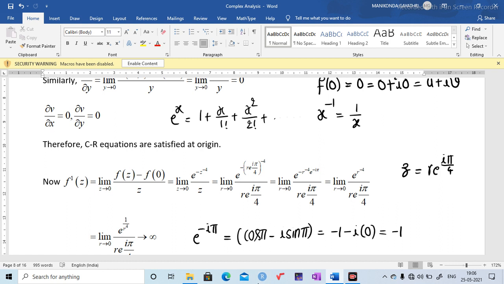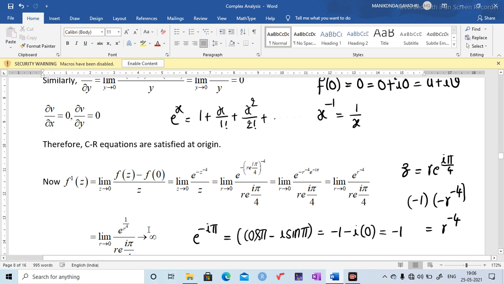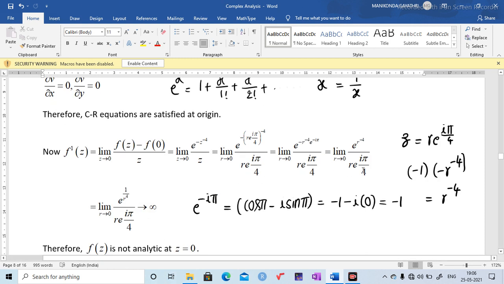So we are going to get minus 1. So minus 1 into minus r power minus 4 is r power minus 4 only. Again r power minus 4 can be written as 1 by r power 4. This denominator as it is. This is the z value only.